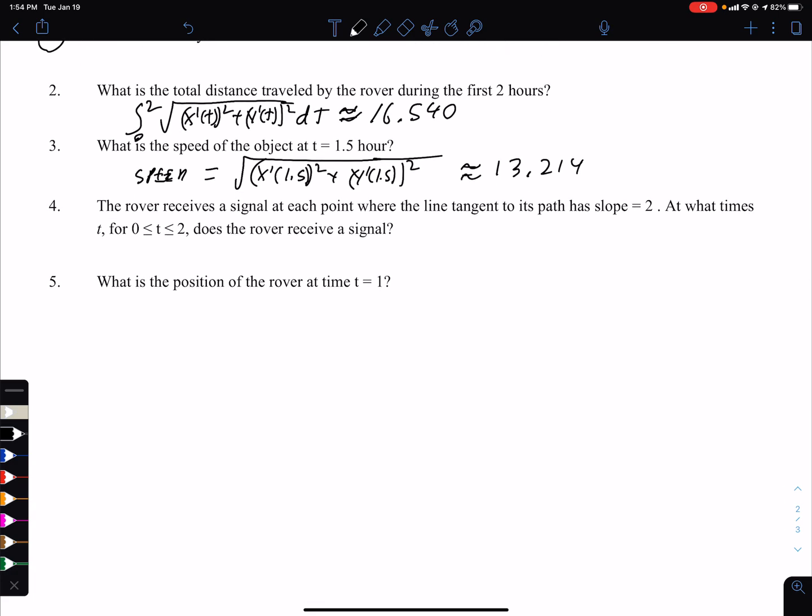Number 4, the rover receives a signal where the line tangent has a slope of 2. So the slope is dy/dx, but we find that by y prime over x prime, and we want that equal to 2.